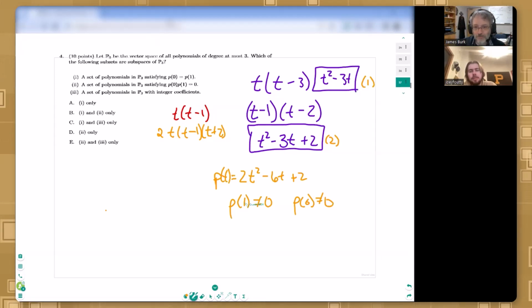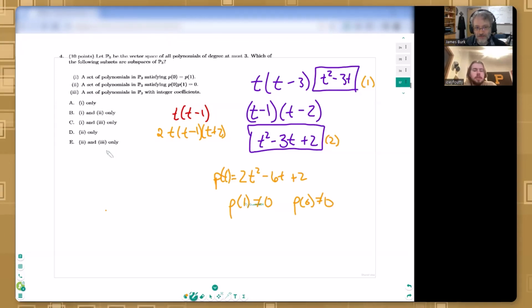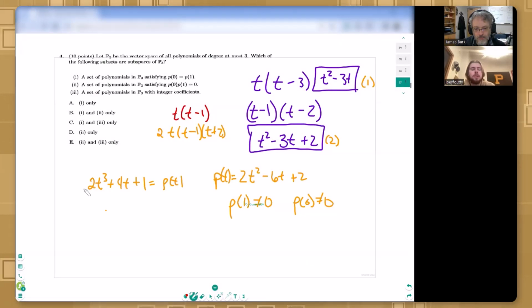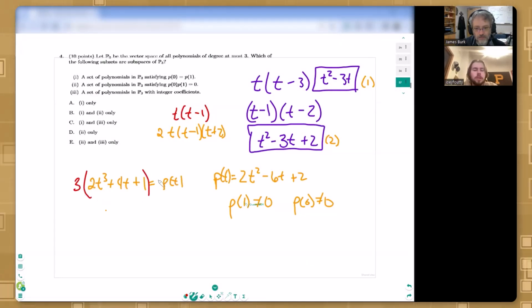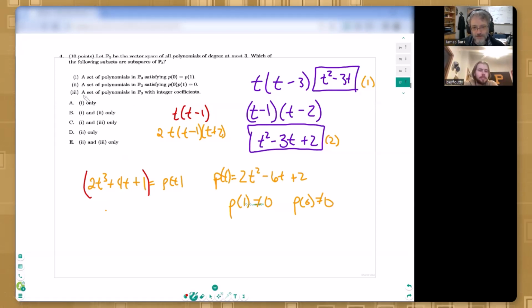And if I was to scale it, if I scale a polynomial, let's just take this one, I scale it by 3, what am I going to come up with? Integer coefficients again. Yeah. I'll get 6, 12, and 3. So Joey, is that true then?